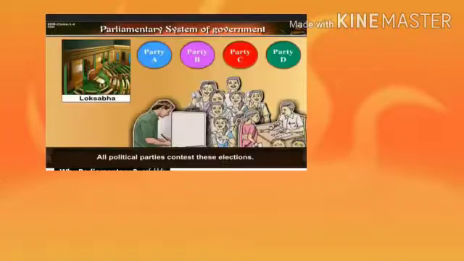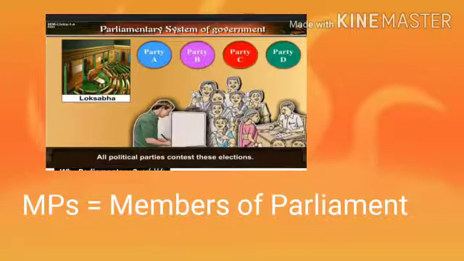These elected members are known as MPs, meaning members of the parliament.